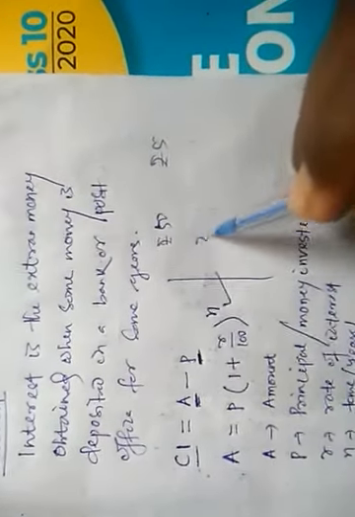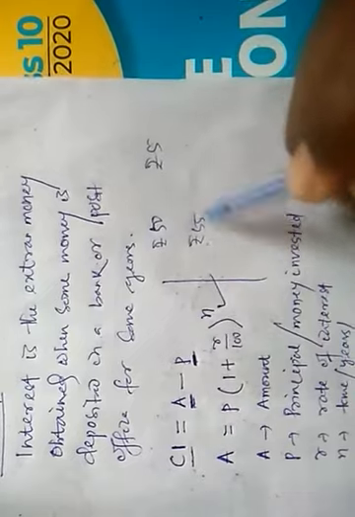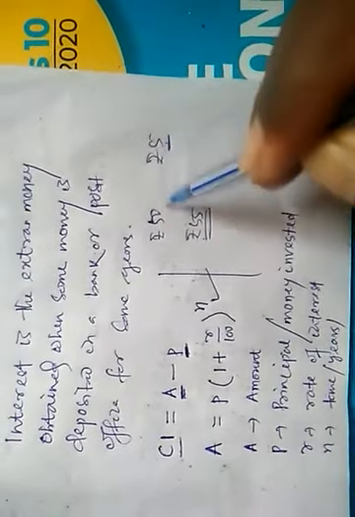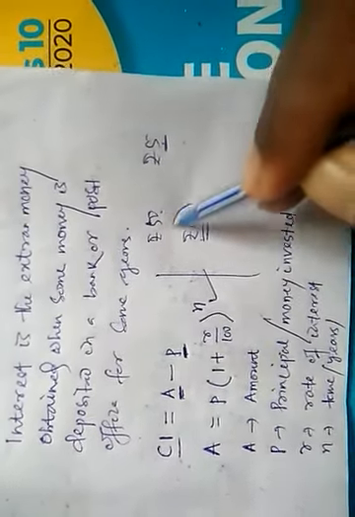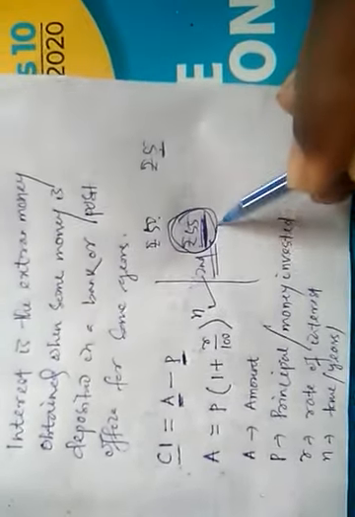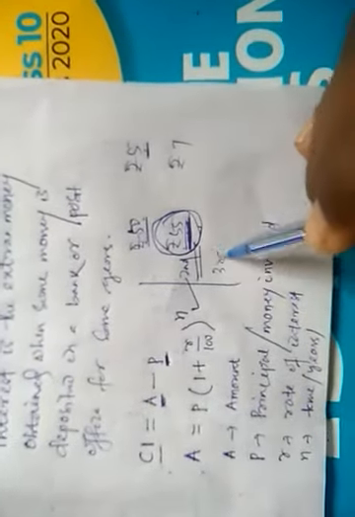In the second year, your principal will be 55 because this interest will be added. At the end of the second year, your principal will be rupees 55 and the interest will be calculated over this, not 50. Suppose it comes to 7 rupees interest. So in the third year, what is your principal? Now rupees 62, because 55 plus 7 is 62. Like this, that is called compounding.